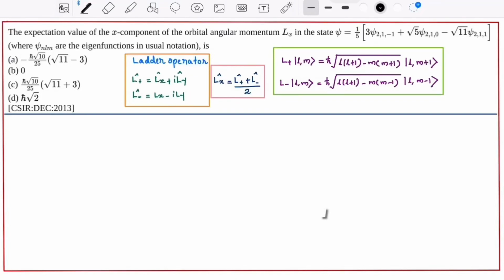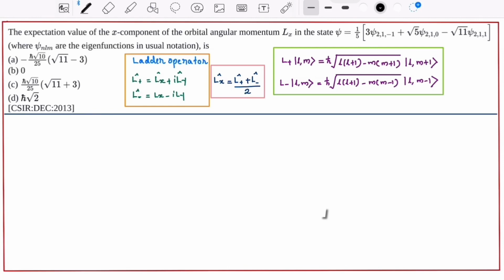Problem 16, Quantum Mechanics. The question is, the expectation value of the x component of the orbital angular momentum Lx in the state psi equal to 1 by 5 within bracket 3 psi 21 minus 1 plus root 5 psi 210 minus root 11 psi 211, where psi nlm are the eigenfunctions in usual notation, is.